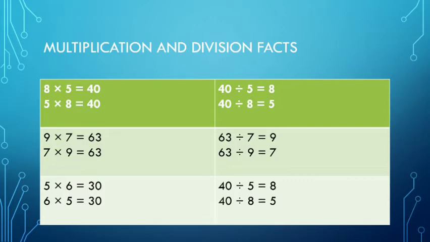Come toward the division fact. 63 divided by 7 is equal to 9. 63 divided by 9 is equal to 7. 5 multiply 6 is equal to 30. 6 multiply 5 is equal to 30. 40 divided by 5 is equal to 8. 40 divided by 8 is equal to 5.